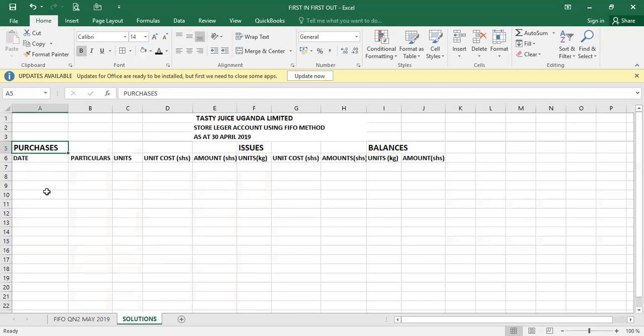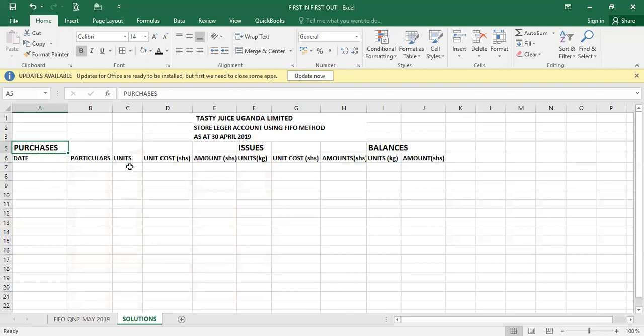Here we have the date. This shows when the transaction took place. This particular column shows what we did, if it is an issue, if it is a return, if it is a purchase, everything goes here. This is a detailed section where we put our narrations.